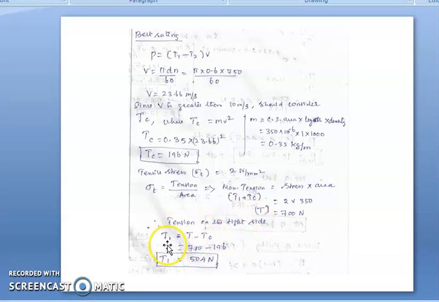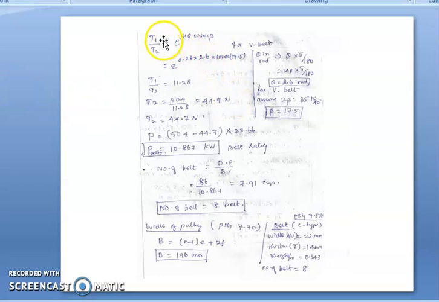So the total tension T is equal to T1 plus Tc. So from this we can find that T1, that is tension on the tight side, is equal to total tension on the tight side minus centrifugal tension. So from this we can find T1 as 504 Newton.